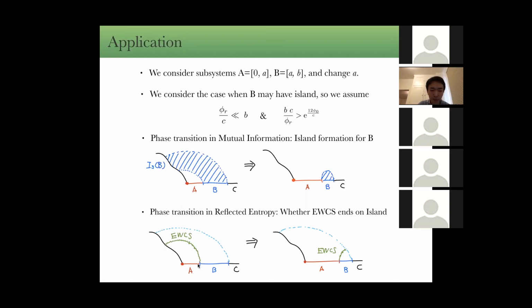And as you increase the size of A, at some point the entanglement cross section is shorter to end on this pale blue line, which is the boundary of the entanglement wedge for AB.